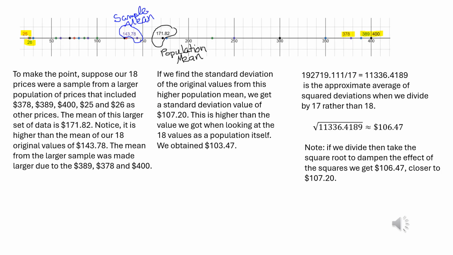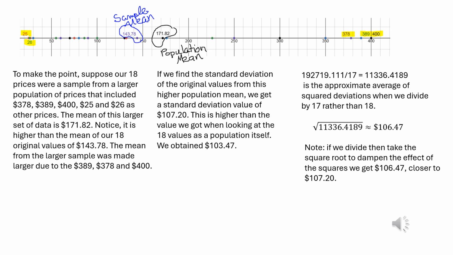Continuing to make the point with our example here, we are imagining that we have a slightly larger population of prices of wireless headphones that go from a low of $25 to a high of $400. The mean of that full population is $171.82. We took a sample of 18 of these prices.